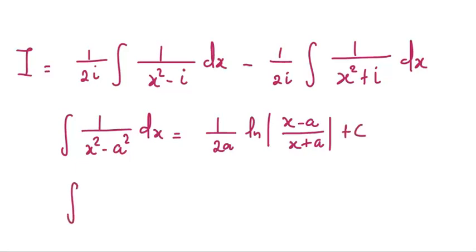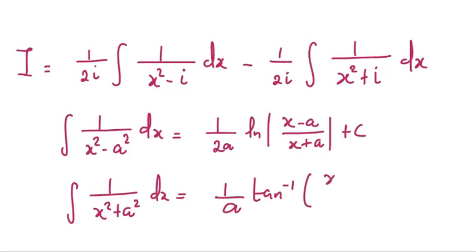And again, we have the integral of 1 over x squared plus a squared dx, that this right over here is equal to 1 divided by a multiplied by the inverse tangent of x by a, and then plus c.